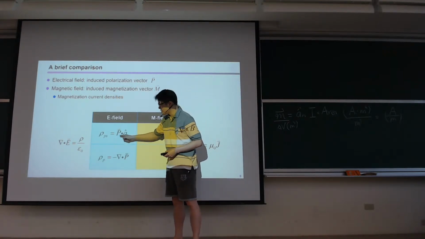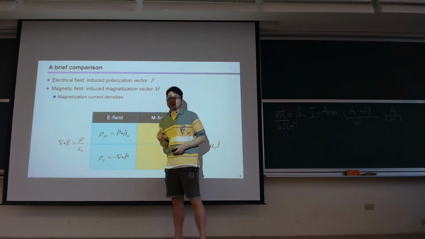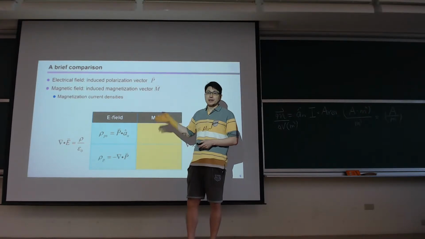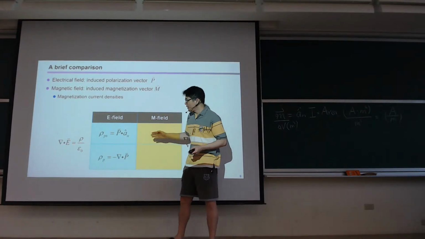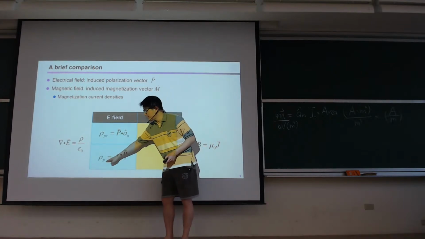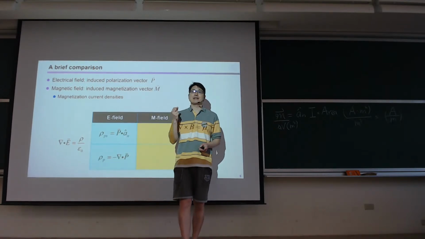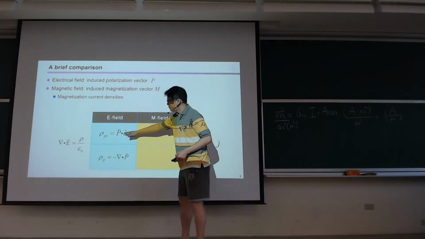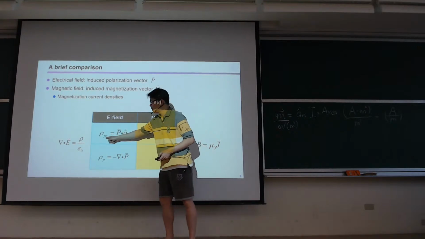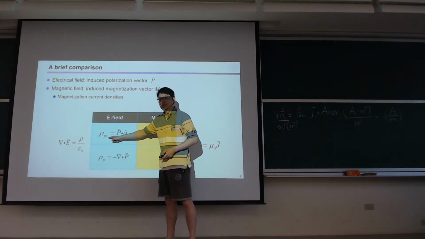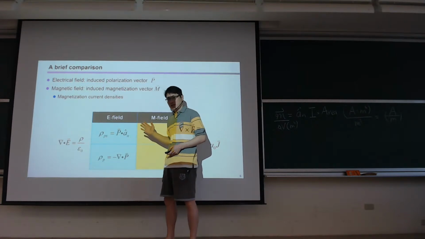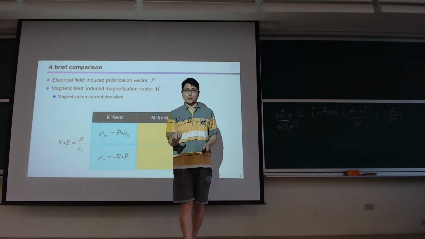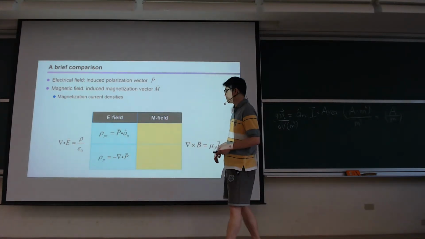The polarization vectors are denoted by capitalized P vectors. In electric materials, dielectrics, we also have the surface and the volume charge densities. So if you still remember this, P dot the surface normal gives you the surface dipole charge densities, and the negative of the divergence of P gives you the volume charge densities.